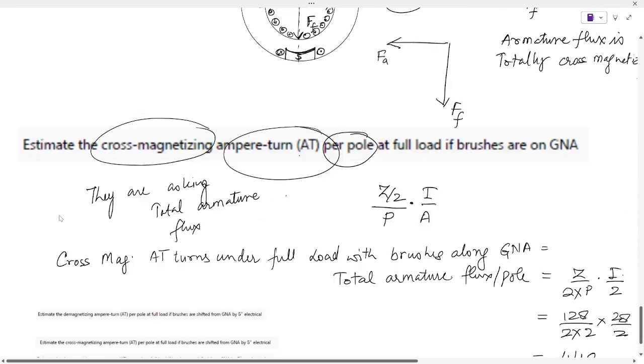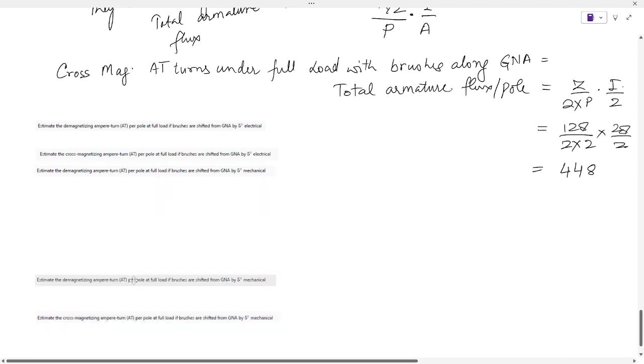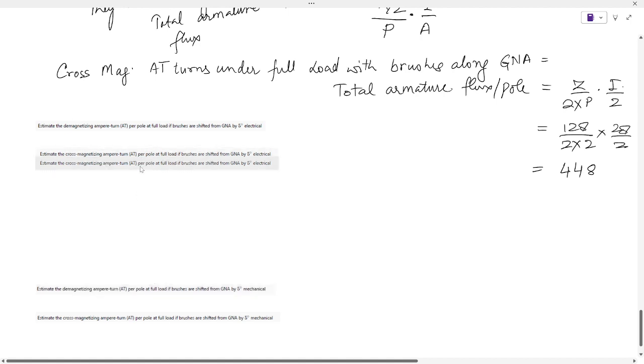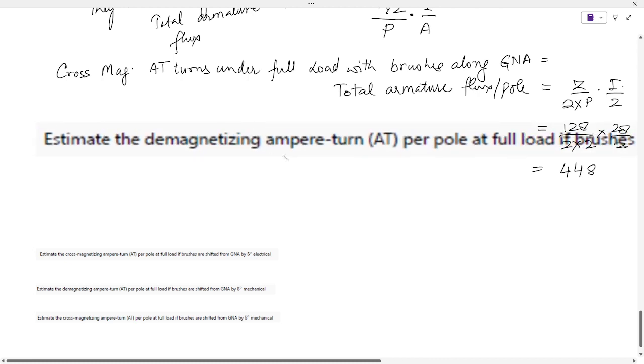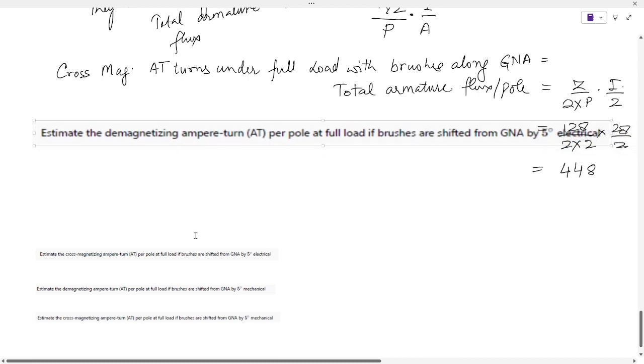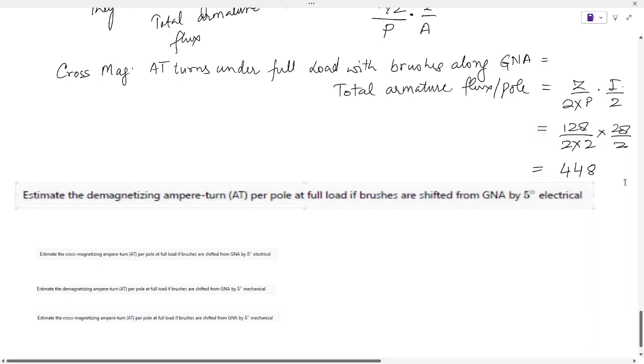Now the next part, you will be able to understand the effect of brush shift. Please write turns, ampere turns.